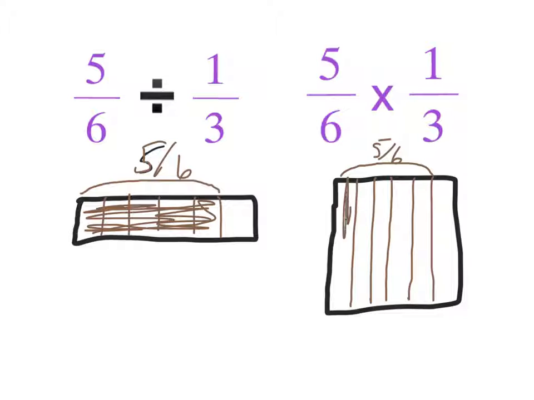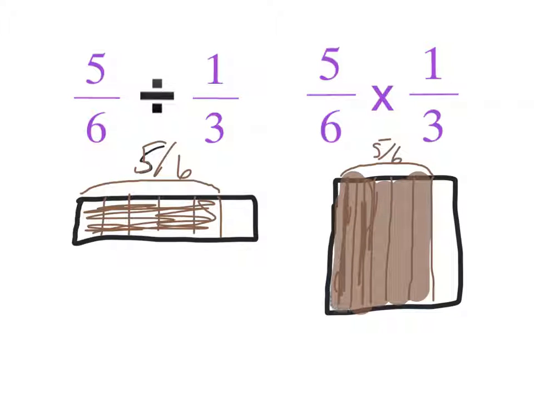And then I want to shade this in going this way. That's sort of harder to see. Yeah, I can do this. So now I have my 5/6. I have 5/6 of my whole going that direction. Do you see that?